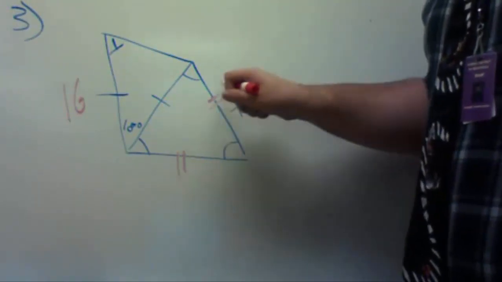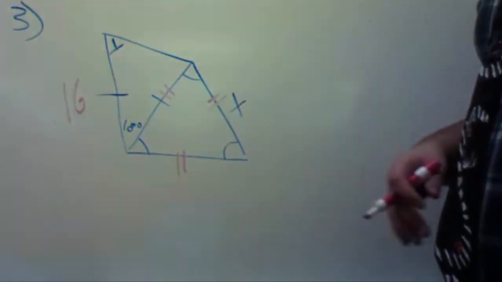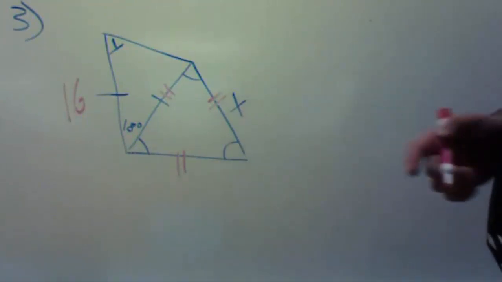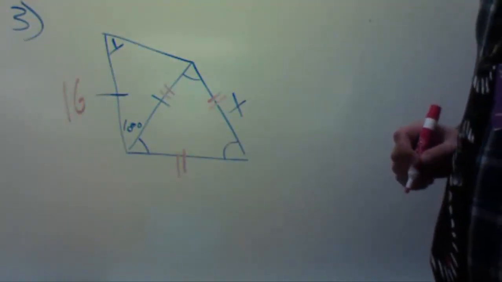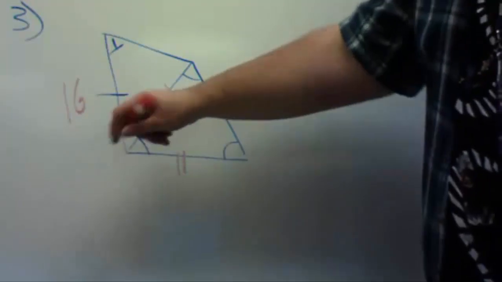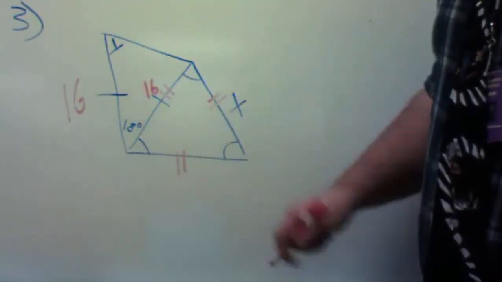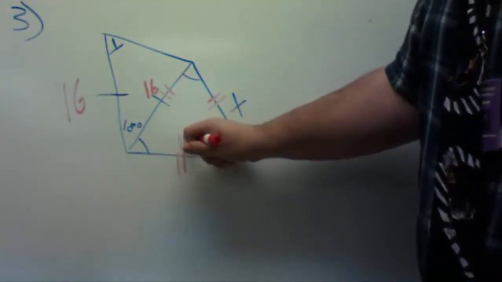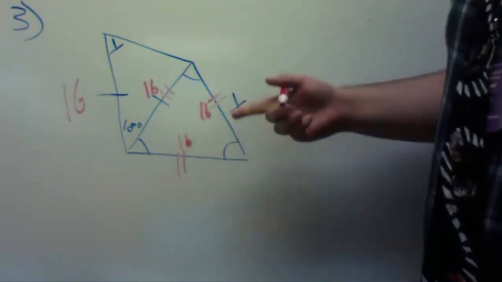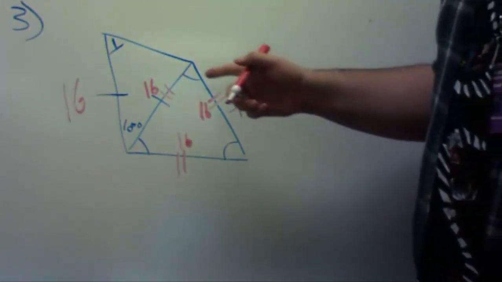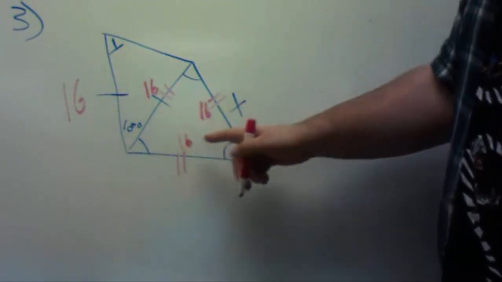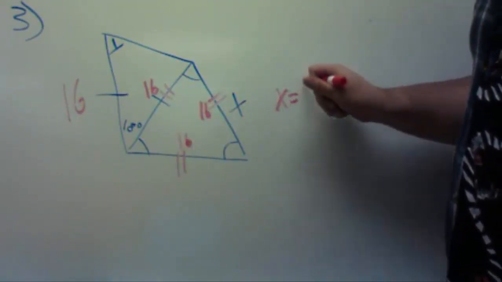I could have really done 2 here, and why not? Let's do it. 2 marks each. Wait. If this is 16, this length is 16. If this length is 16, all of these are 16. So what this is saying is, because this is 16 all the way over here, x also has to be 16.